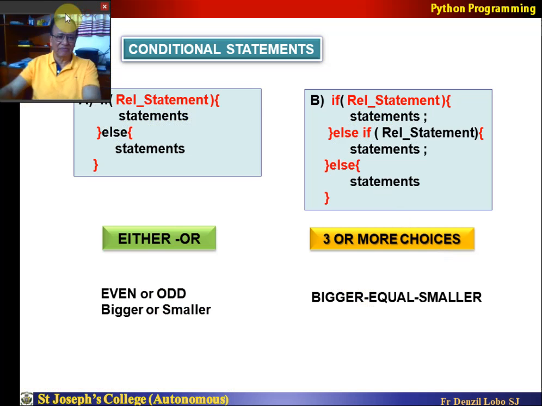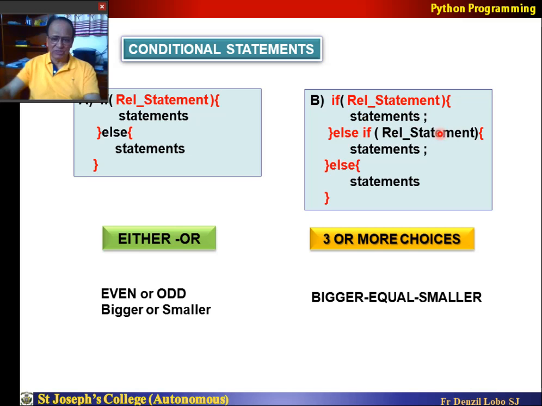So here we have the conditional statement, that is, the pseudocode for that. We have dealt with this: if this relational statement is true, do this, else do that. These are the pseudocode formulations. That is the either-or case, even or odd, bigger or smaller. Now we come to the next option, multi-level. If this is true, you do this statement.